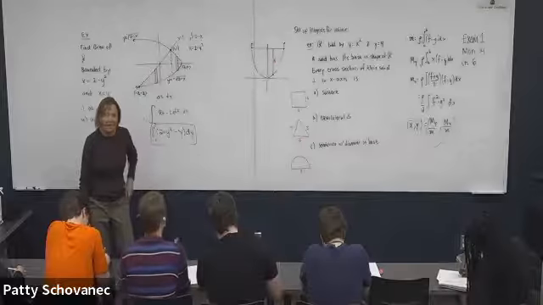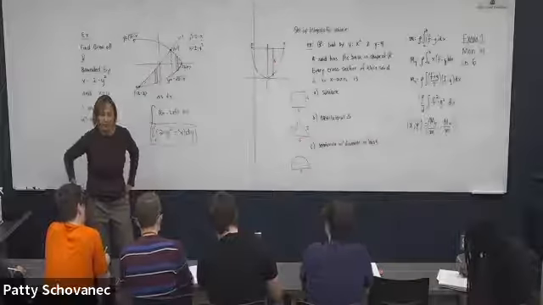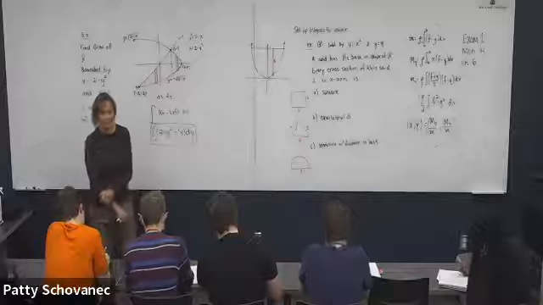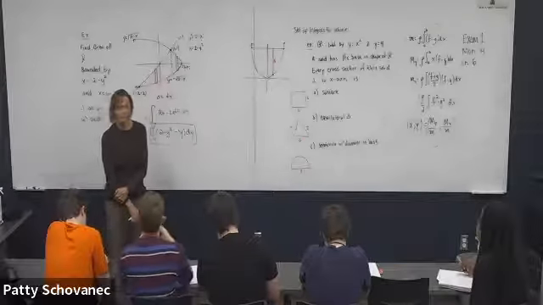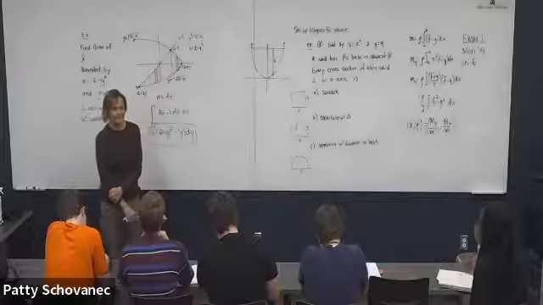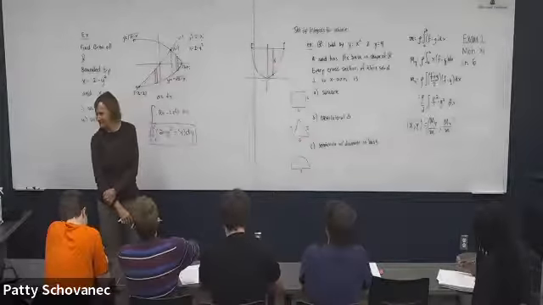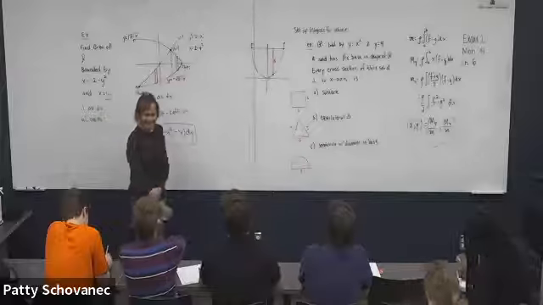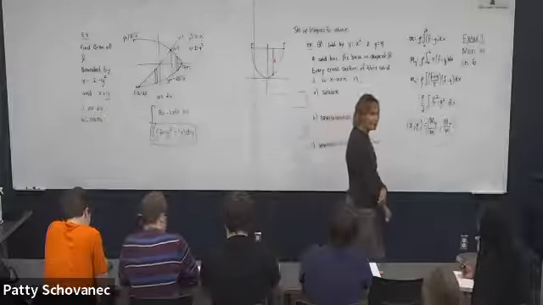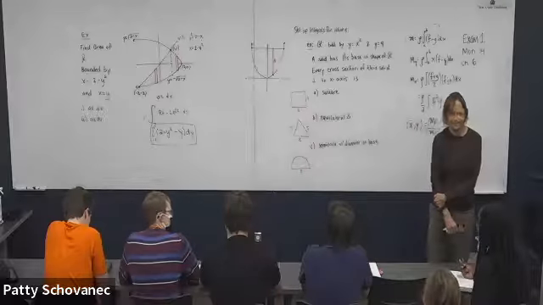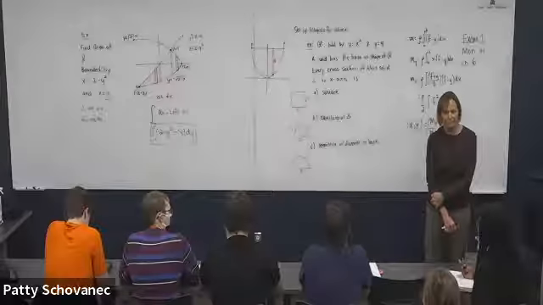What's the idea in finding the volume of a solid with a known cross section? Base times height.